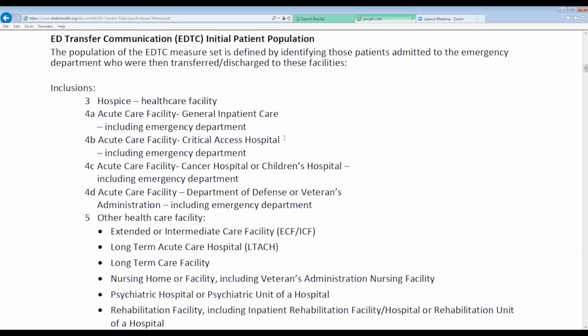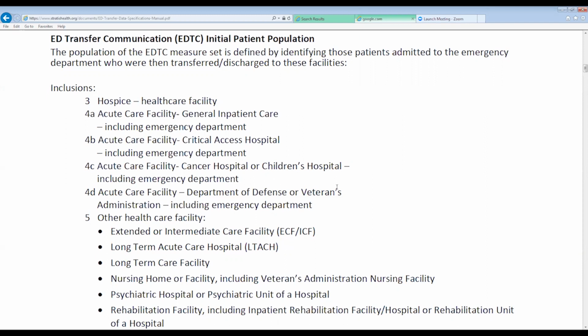So transferring to any other acute care facility, a general PPS one, a larger tertiary one, a critical access hospital, a cancer hospital, a children's hospital, or a VA hospital, okay? All of those fit under acute care facility, so those people are included.